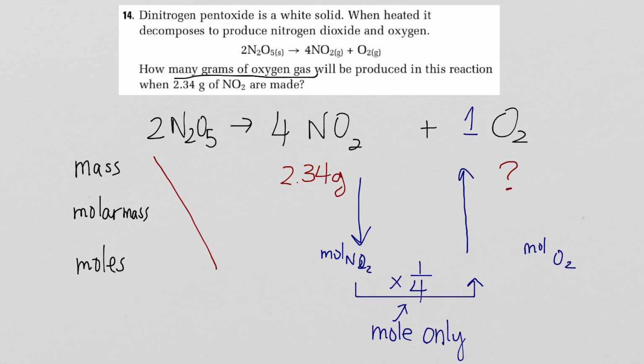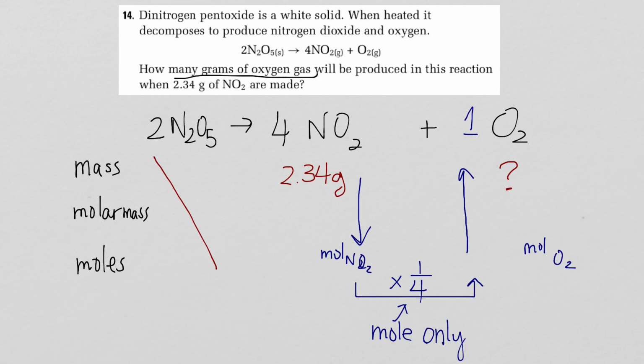So you can see that I also set this up like a chart where my 3 columns are the reactants and products, and then rows, the first row is mass, molar mass, moles. I crossed this out because this column is irrelevant because they didn't ask for N2O5. So let's follow the steps.